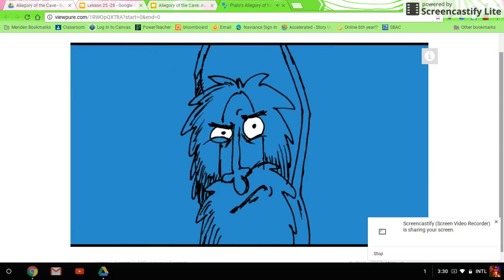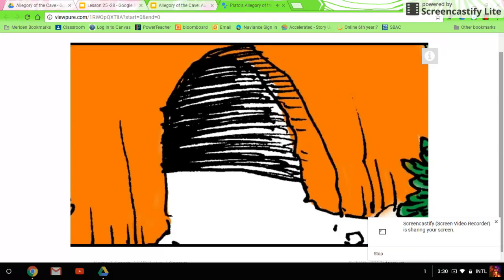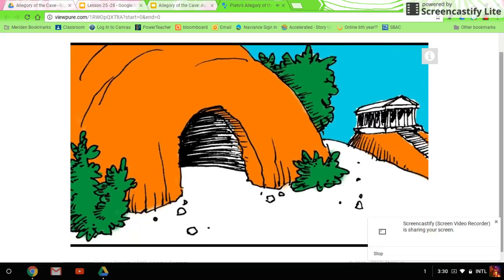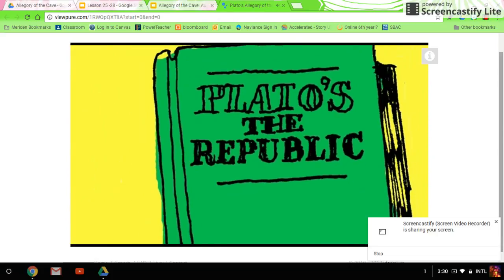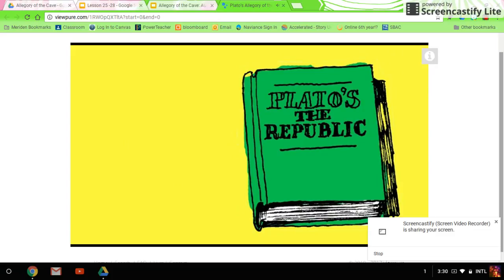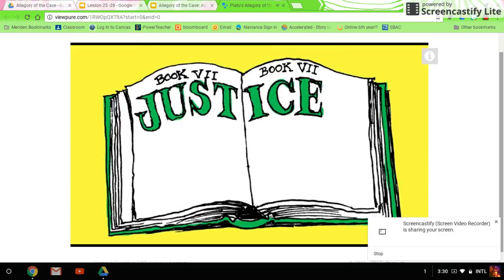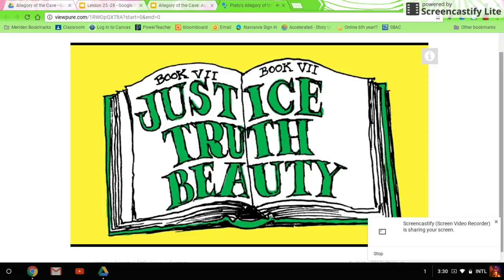Pretty cheery, right? That's actually what Plato suggested in his Allegory of the Cave, found in Book 7 of the Republic, in which the Greek philosopher envisioned the ideal society by examining concepts like justice, truth, and beauty.